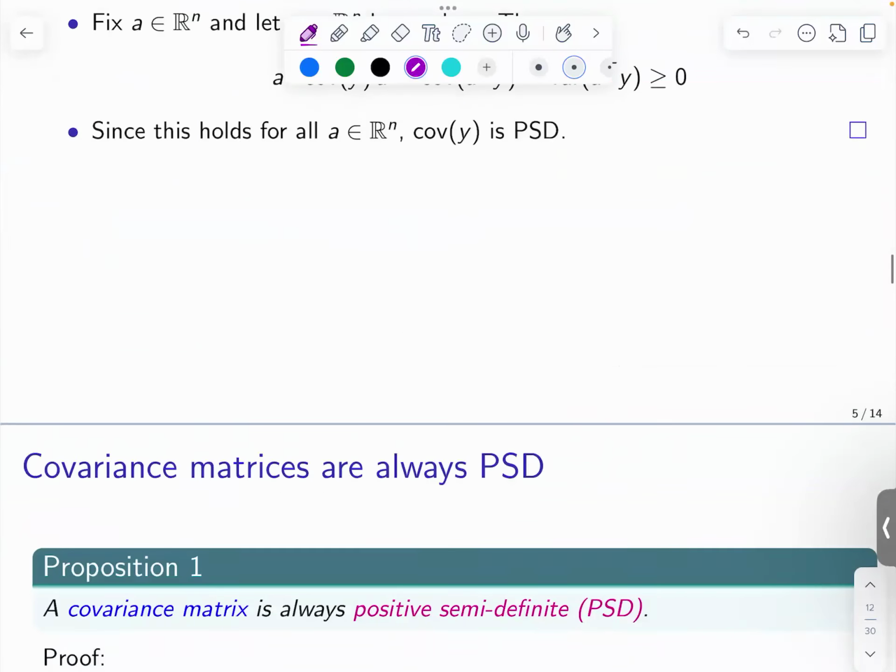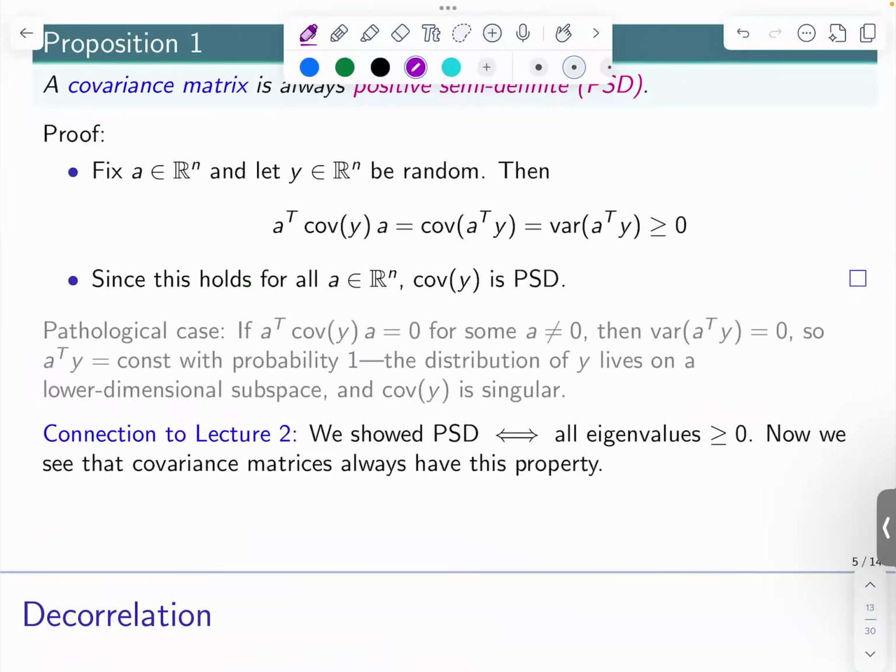Positive semi-definiteness has a lot of interesting consequences. For example, all the eigenvalues will be non-negative. It's semi-definite because of the property that the eigenvalues are non-negative. If it happens that some of them are zero, then you land in this pathological case, which I'll let you read about if you have questions.